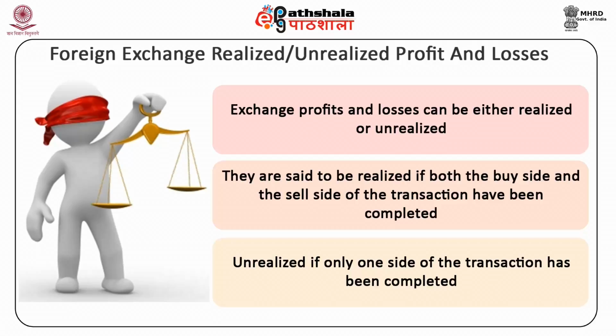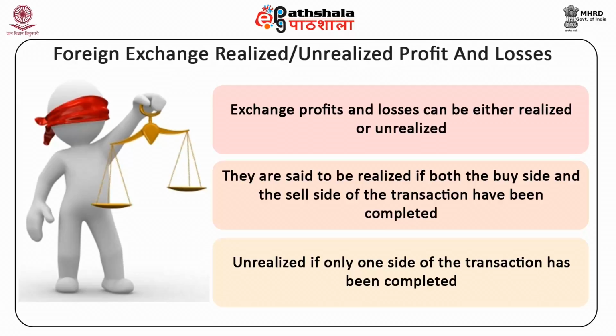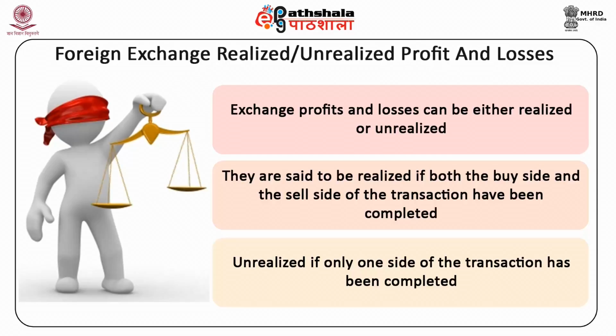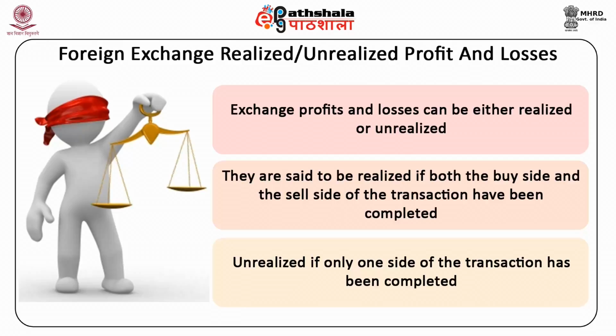A negative profit is a loss. There is an unrealized loss of 15 points or 1500 US dollar until the second leg of the buy-sell transaction is complete. The profit or loss will remain unrealized. The size of the unrealized profit or loss will vary with the exchange rate.